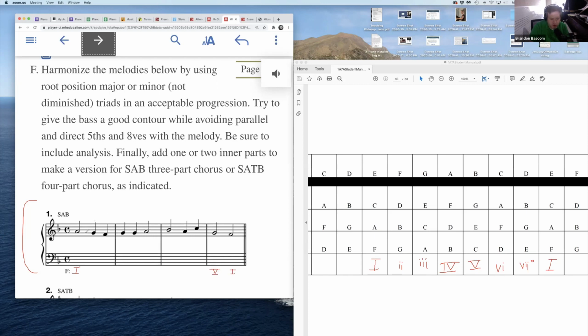My second note is a G. So if I have a G, I can only have 3 chords. I can have a 2 chord, a 5 chord, or a 7 chord. Well, they don't want us to use the 7 chord because it's a diminished triad, so we can either go to the 2 or to the 5. Does that make sense? So where do you want to go?